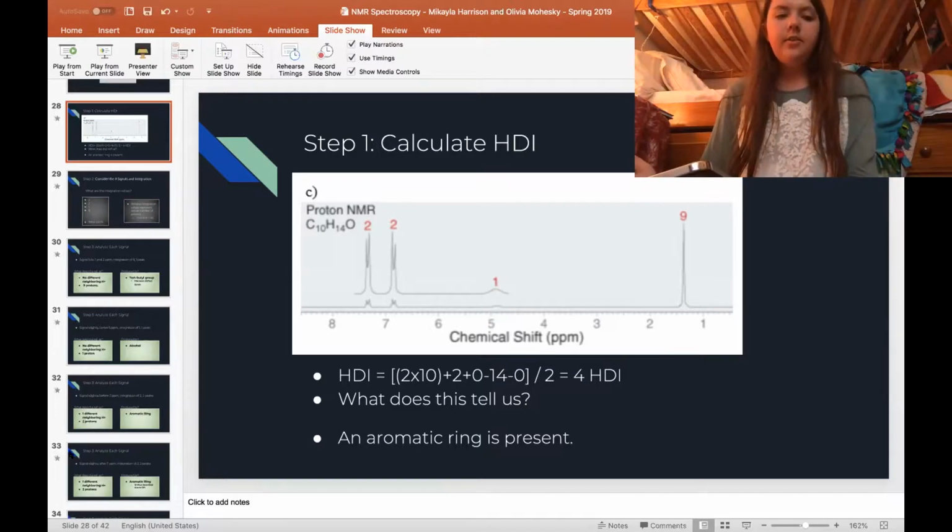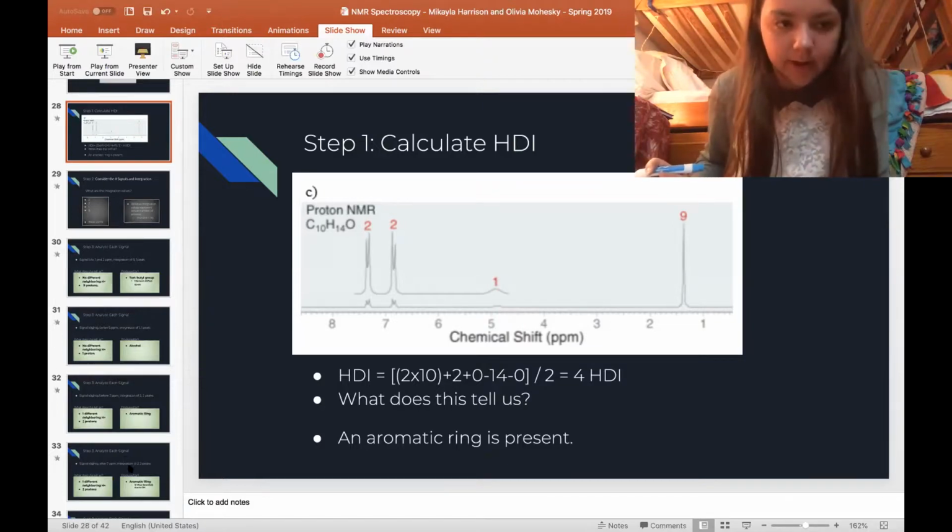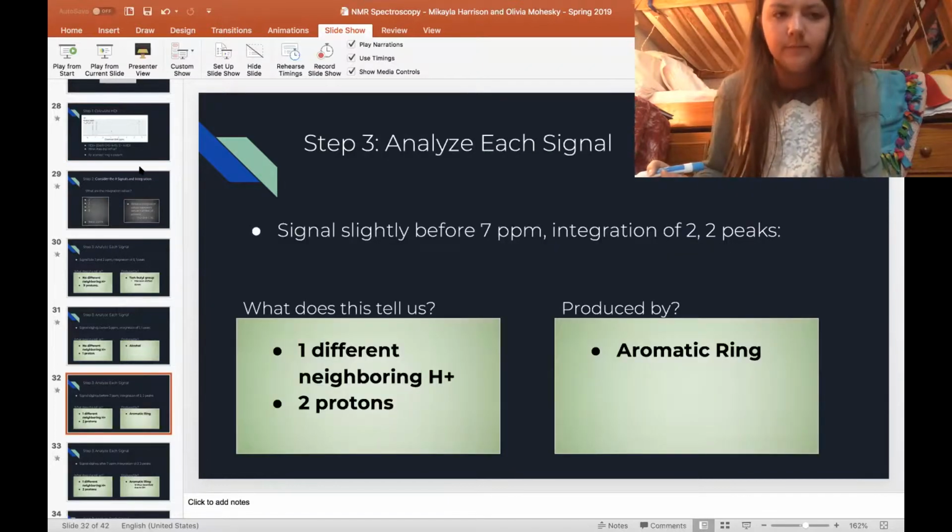And then the other signal is one right before 7. That last one has a chemical shift value of like 6.8. And it looks like it's a doublet. Let's see what they put.